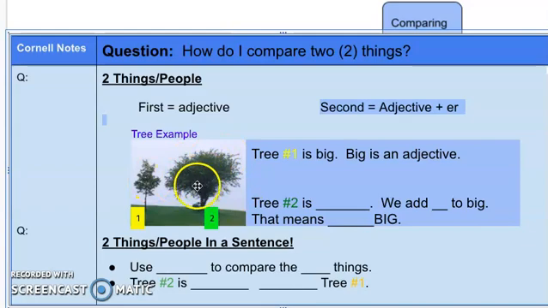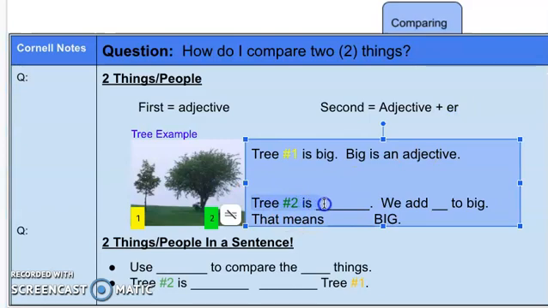Now this tree is big, but it is more big. So we have to add an ER to the end of big to make it bigger. So tree number 2 is bigger.